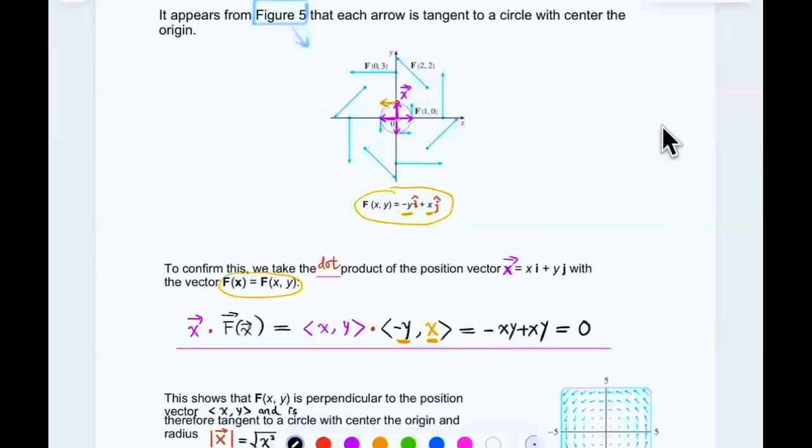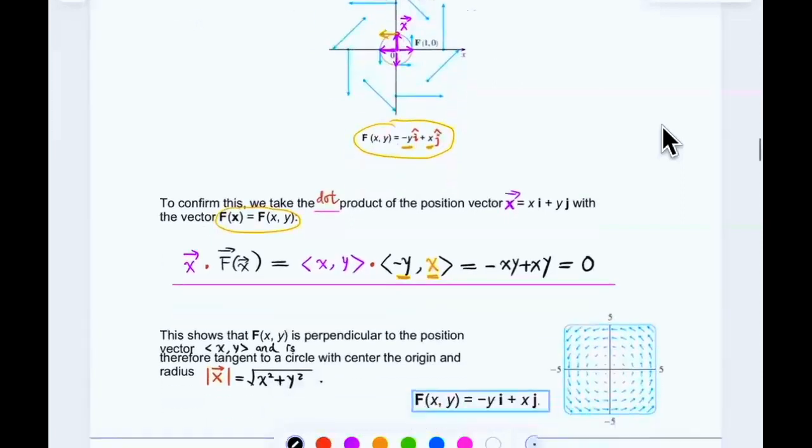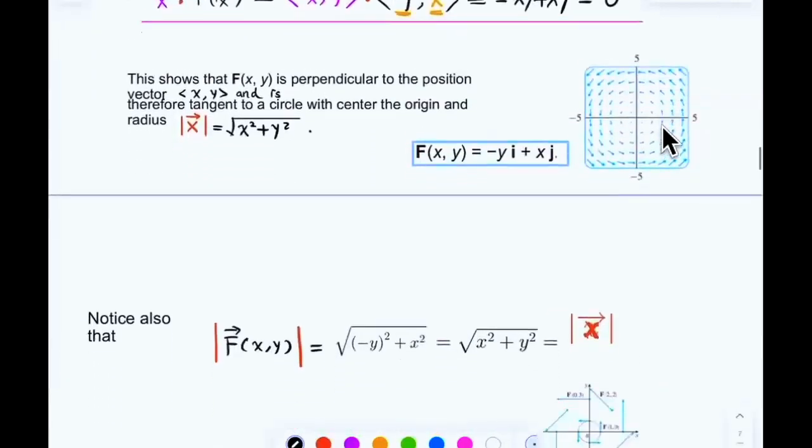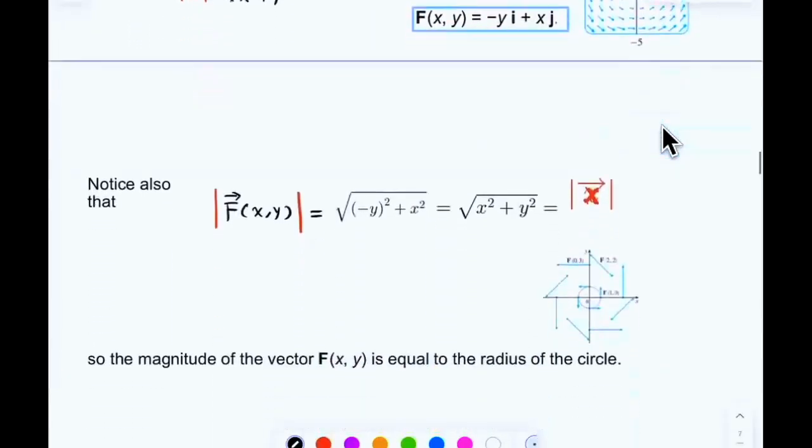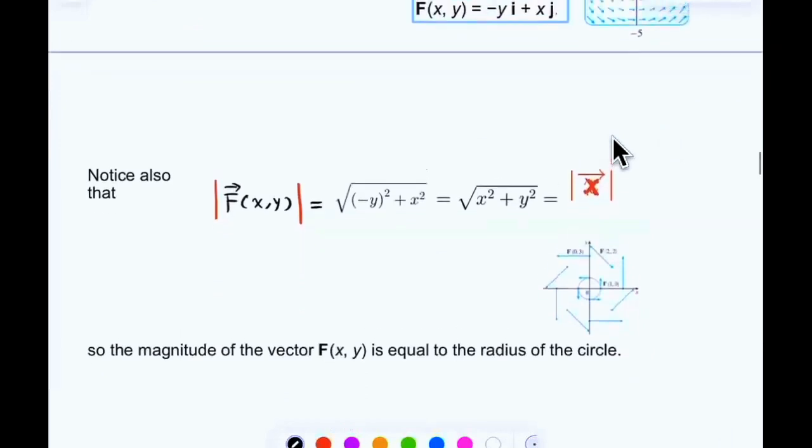Notice also that if you do the calculation, the magnitude of this vector turns out to be the same as the magnitude of the position vector.